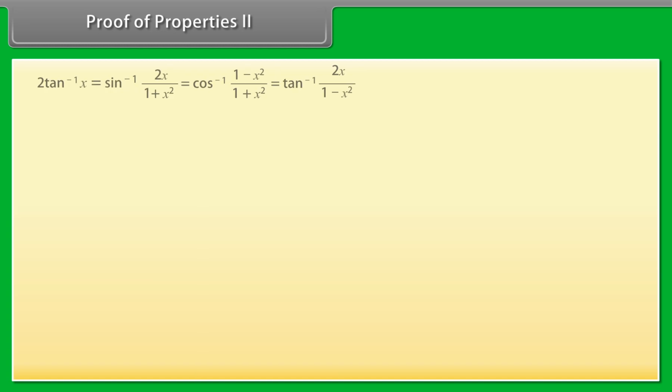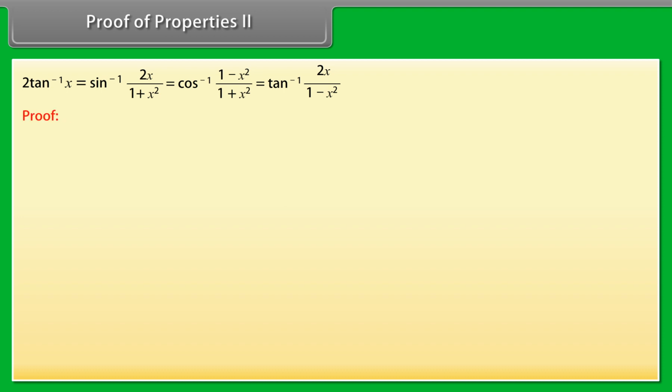Proof of properties 2. 2 tan inverse x is equal to sine inverse of 2x by (1 plus x square), which is equal to cos inverse of (1 minus x square) by (1 plus x square), which is equal to tan inverse of 2x by (1 minus x square). Proof.